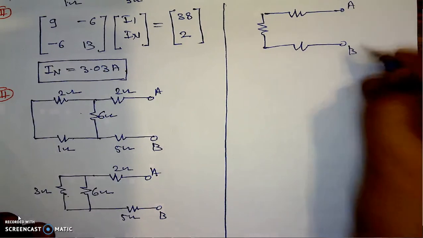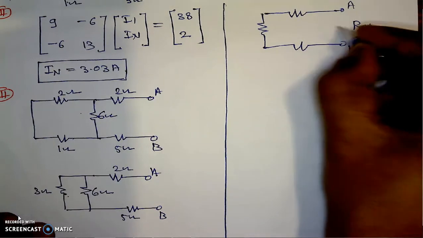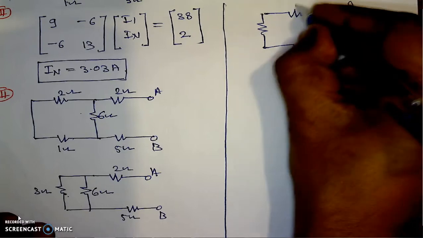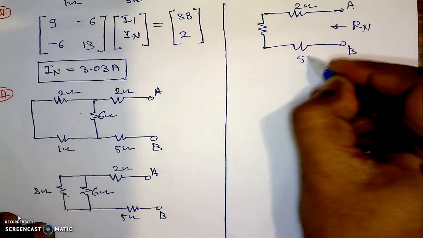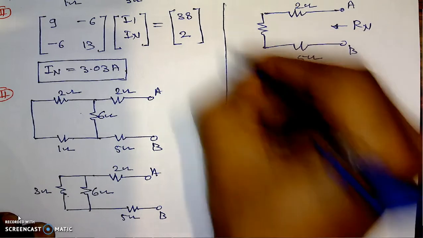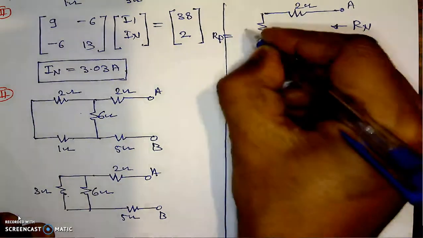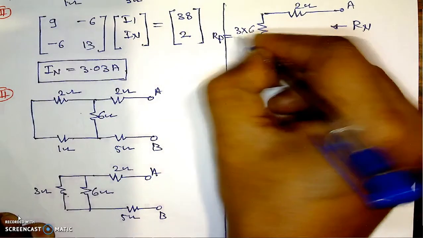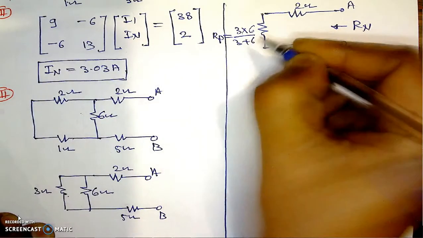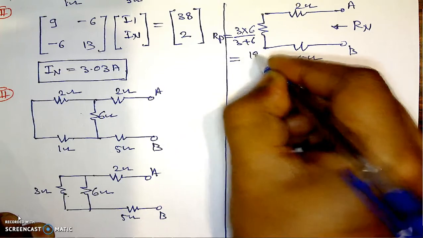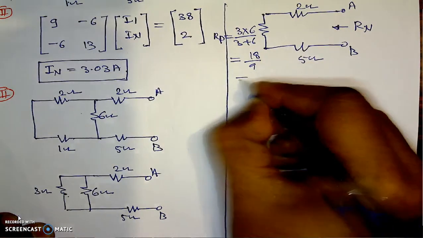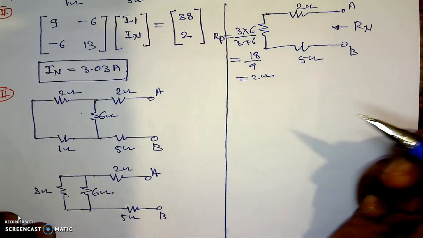Here is A, this is B. Here is Rn, in this direction. 2 ohm, 5 ohm, and the parallel combination Rp. This Rp is equal to 3 into 6 divided by 3 plus 6, that is 18 divided by 9, which is equal to 2 ohm.